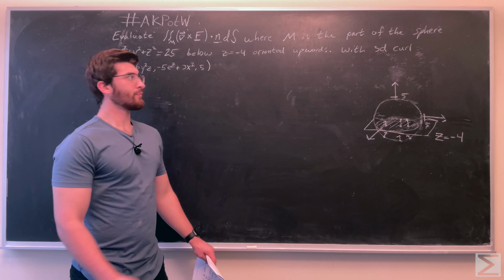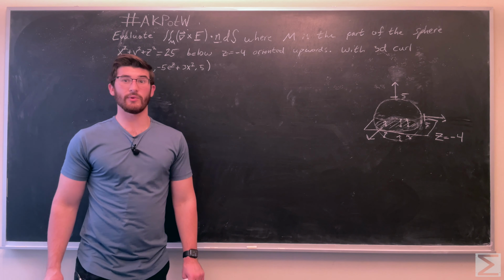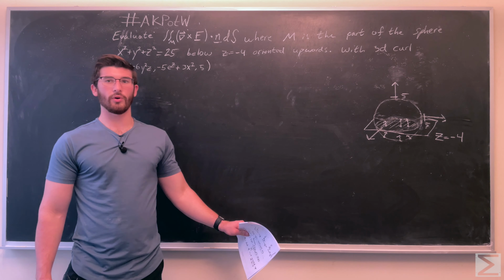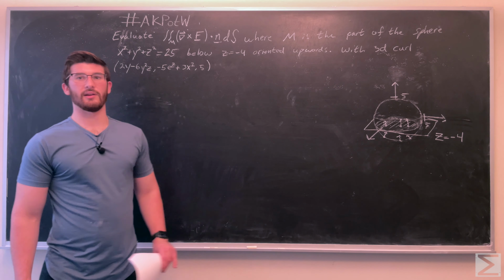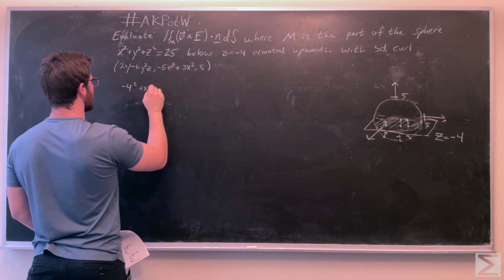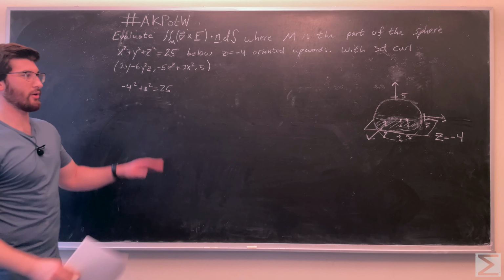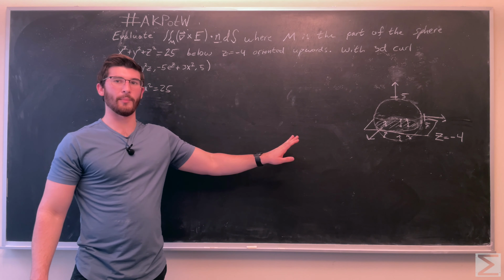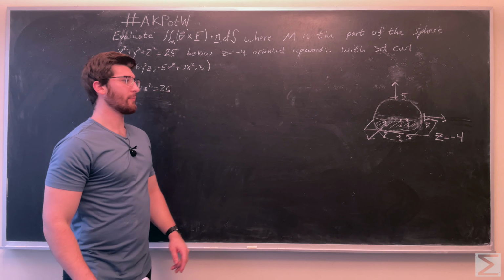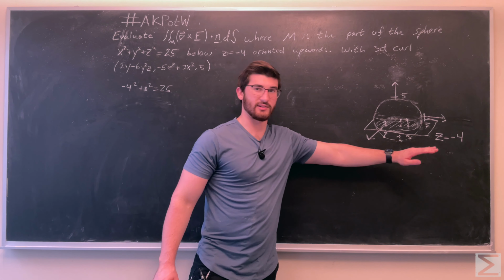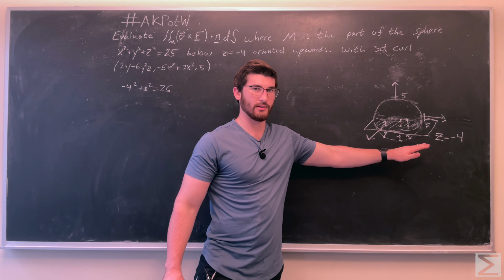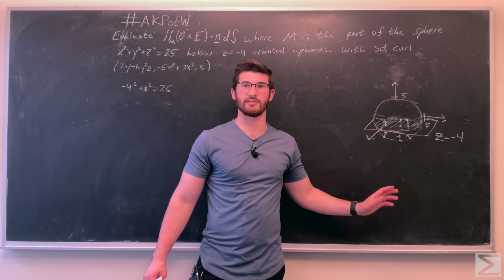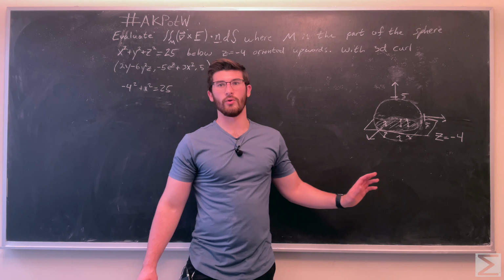So if x squared plus y squared plus z squared equals 25, and we know that z equals -4, we can plug that in and solve. Since we're working with the disk in the xy plane, the radius of the circle is going to be the same whether you're talking about x or y.